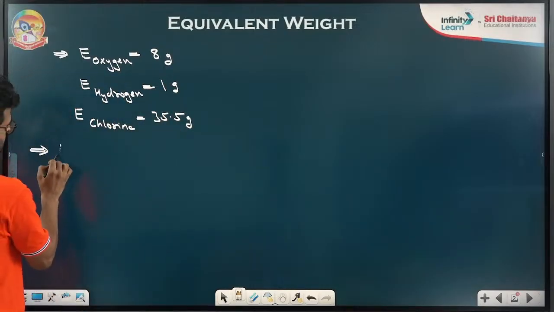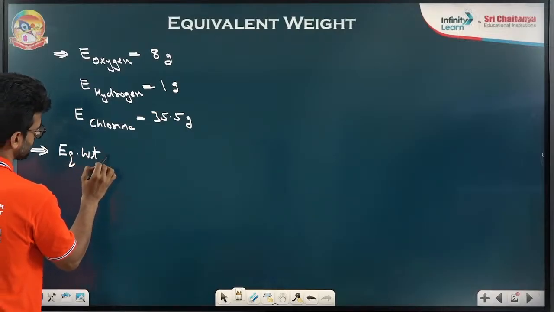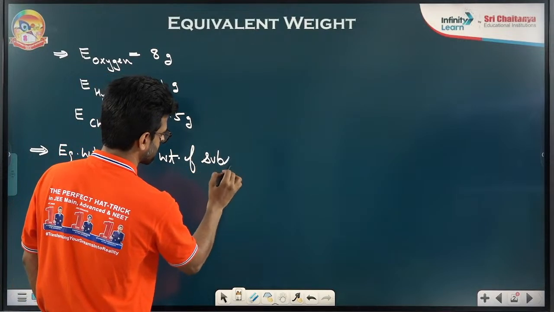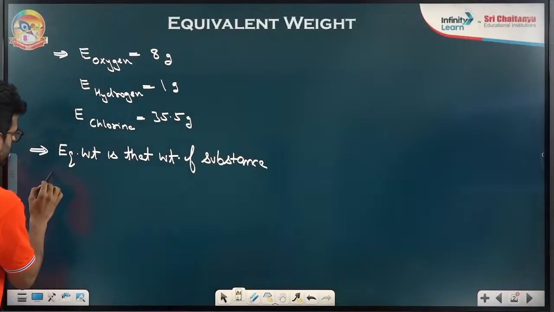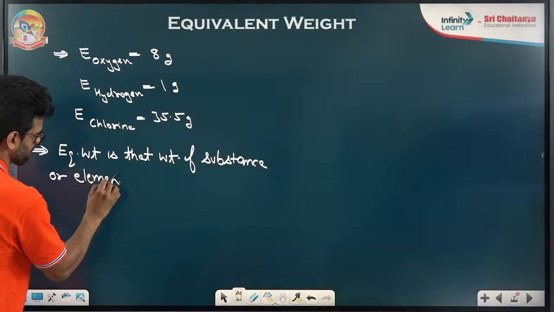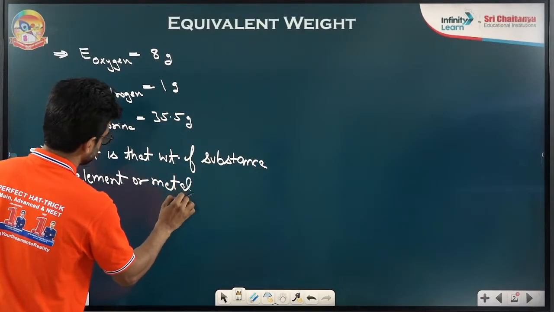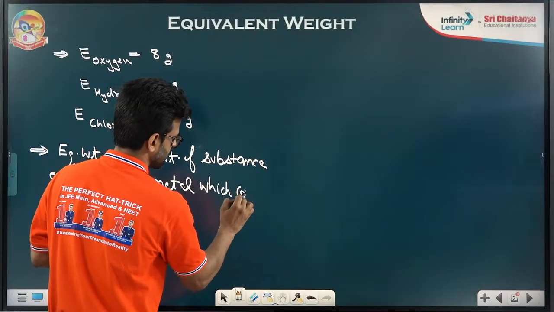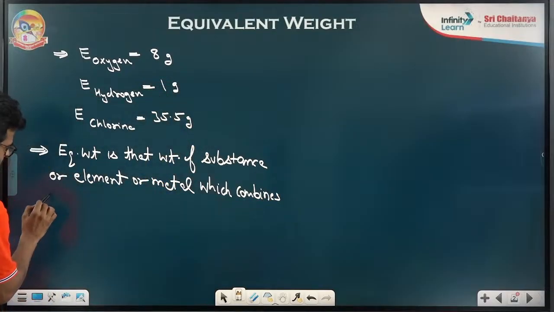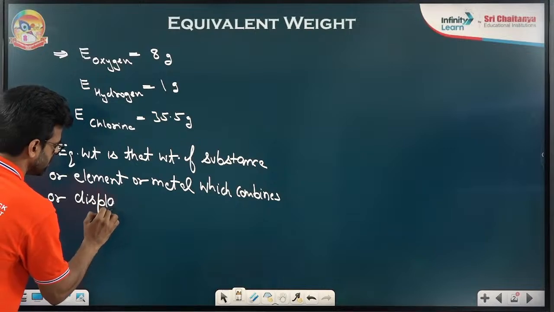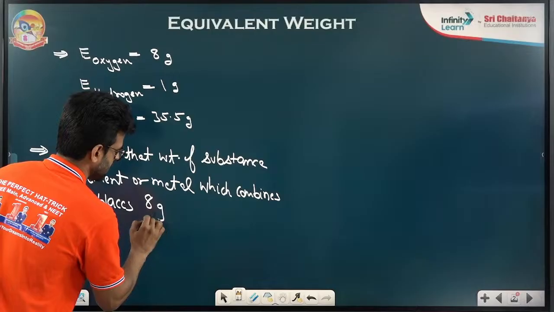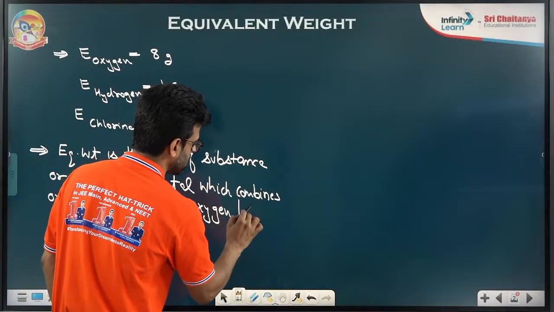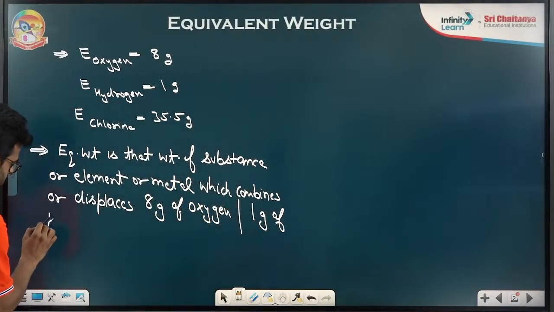So I'm saying equivalent weight is that weight of substance, if I'm talking about a substance, or I can say element or metal, whatever I'm discussing, which combines or displaces 8 gram of oxygen, or you can say 1 gram of hydrogen, right?